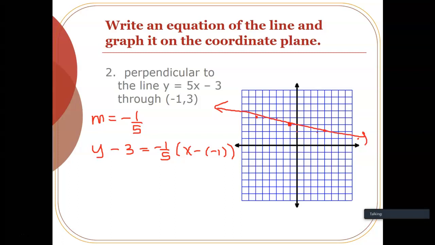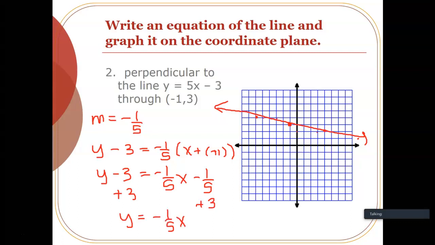Cleaning up our equation, we have y minus 3 equals negative 1/5 x. A minus is a positive. A negative times a positive is a negative. Adding over my 3, I get y equals negative 1/5 x. 3 minus a fifth is like 2 4/5.